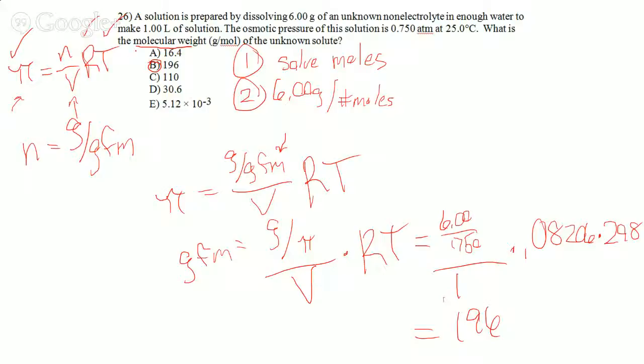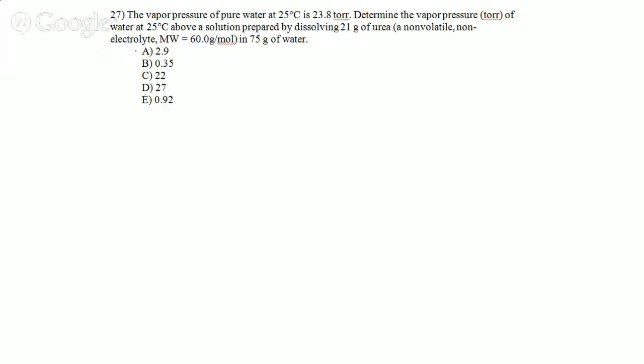All right. 27. Vapor pressure of water at 25 degrees Celsius, 23.8 torr. Determine the vapor pressure of water at that temperature in a solution prepared by dissolving 21 grams of urea, a non-volatile, non-electrolyte with that GFM, in 75 grams of water. All right. First step, well, what are they asking?